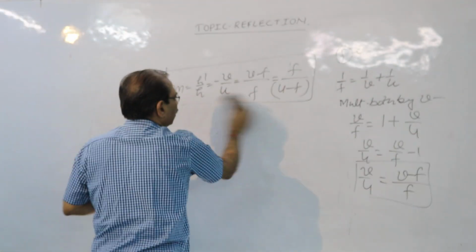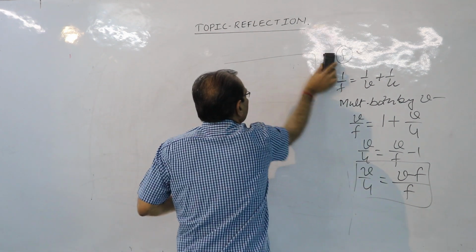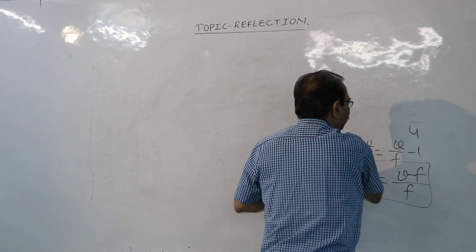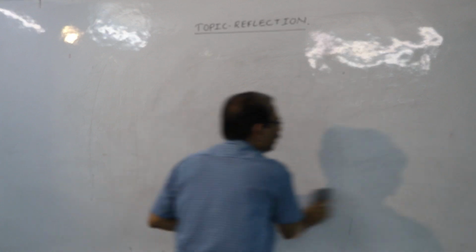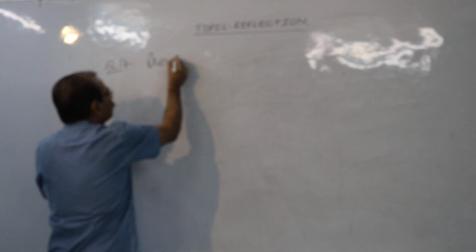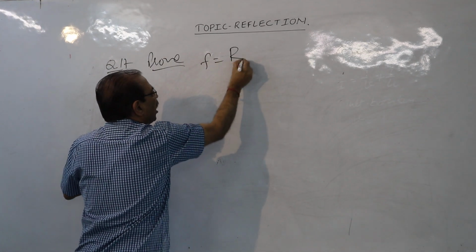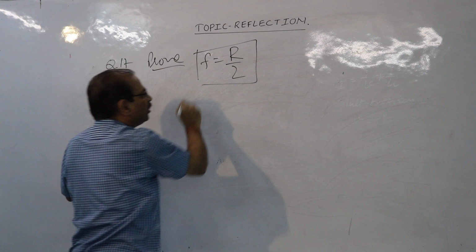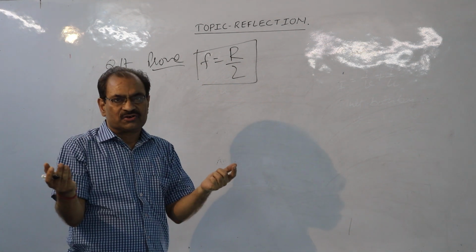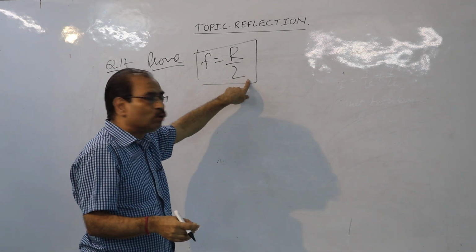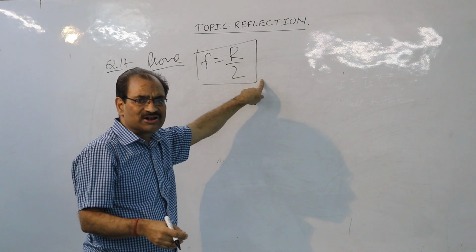The question number 1 is based upon the relationship between the focal length and radius of curvature. We have to prove f is equal to r by 2, the relationship for both the mirrors, that is for concave mirror as well as for convex mirror.